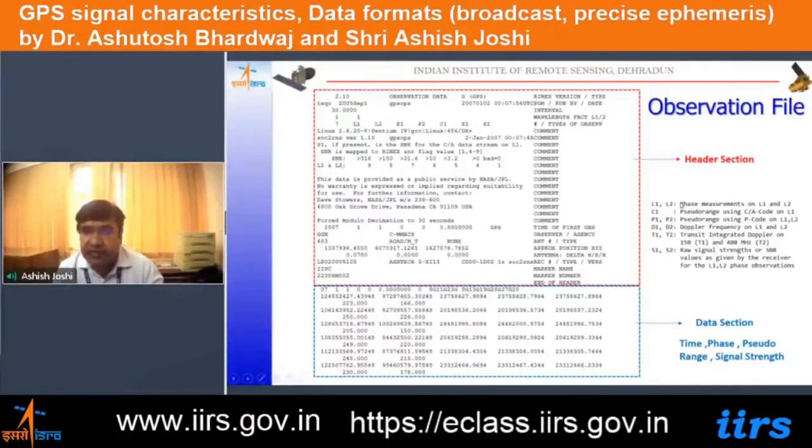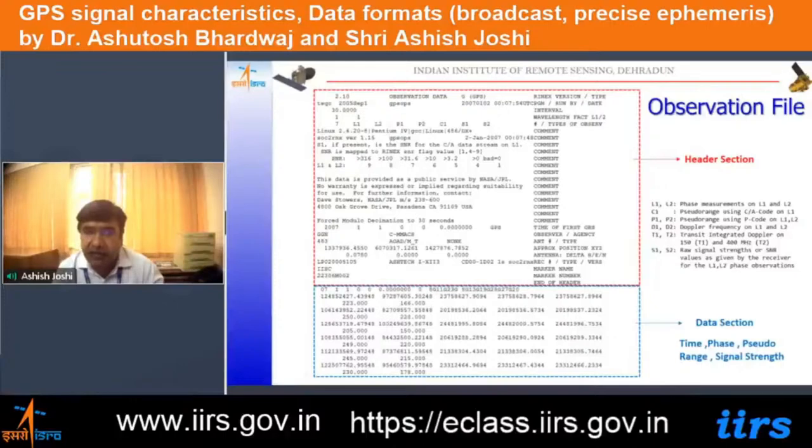L1, L2 represent the phase measurement, P1, P2 represent the pseudo range, C1 represents the pseudo range using the CA code, and S1 and S2 represent the signal strength. So from the observation codes, we will know these are the values we can derive from this file.